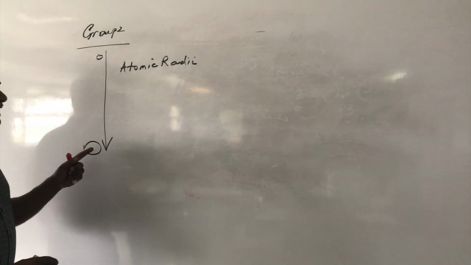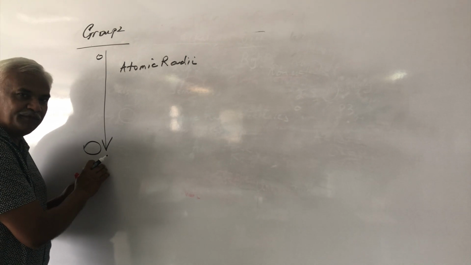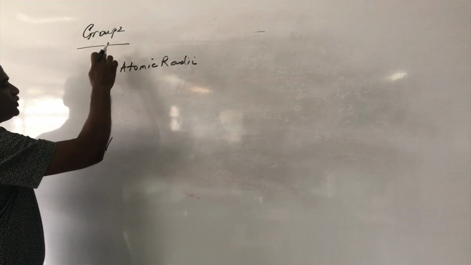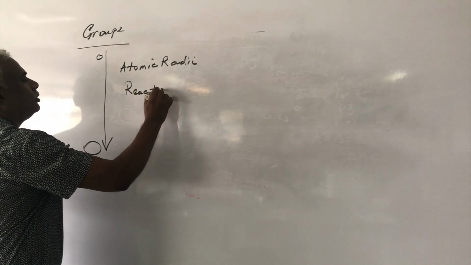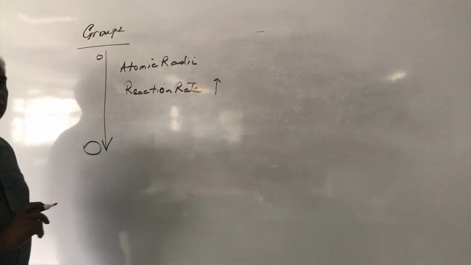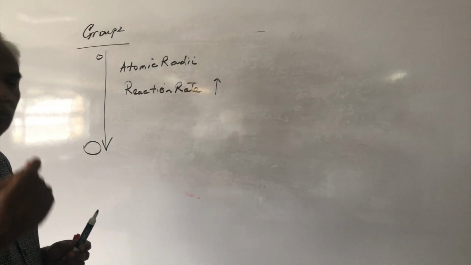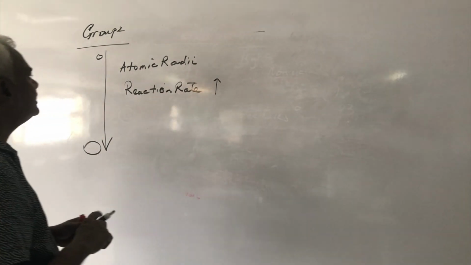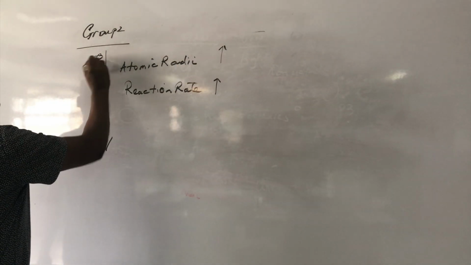It means that the electrons in the outermost shell in the last element of group 2 will be further away from the nucleus. It means, therefore, as we go down group 2, reaction rate increases. The reaction becomes faster as we go down. Why is that so? Because the electron in the outermost shell as we go down is further away from the nucleus, and that electron can be lost easily. The atomic radii increases as we show on this diagram.